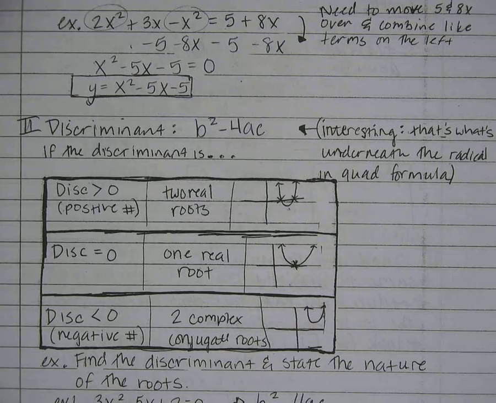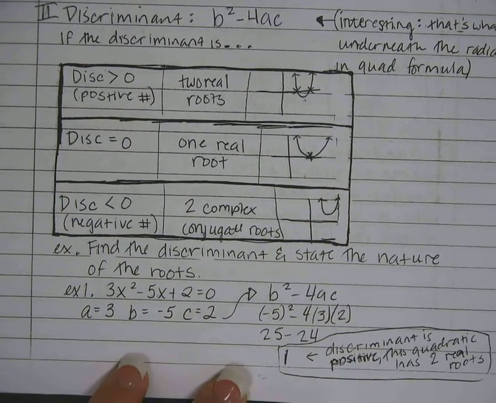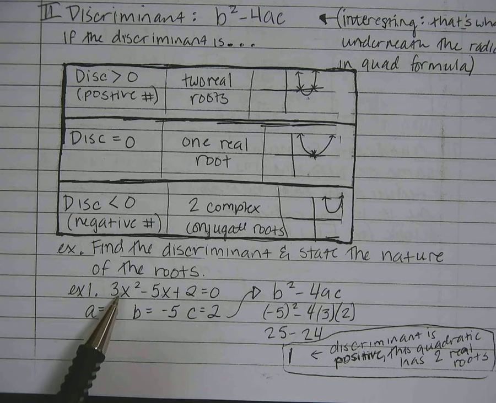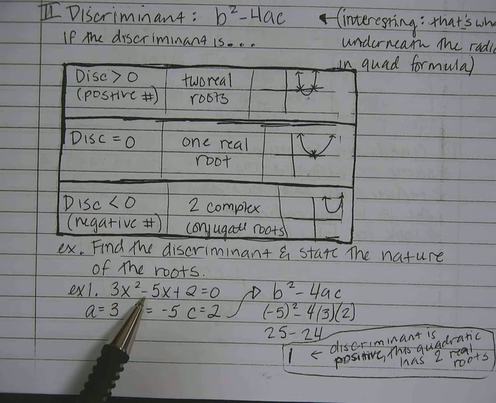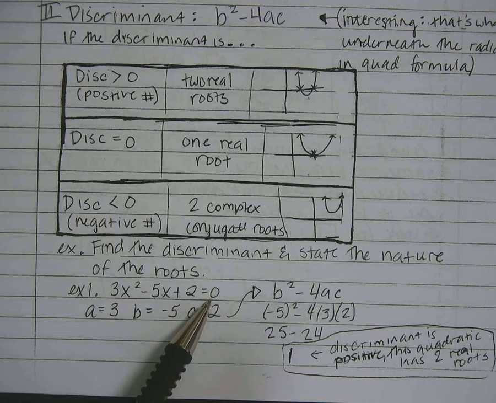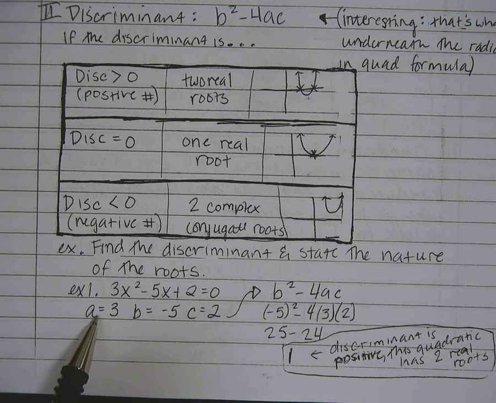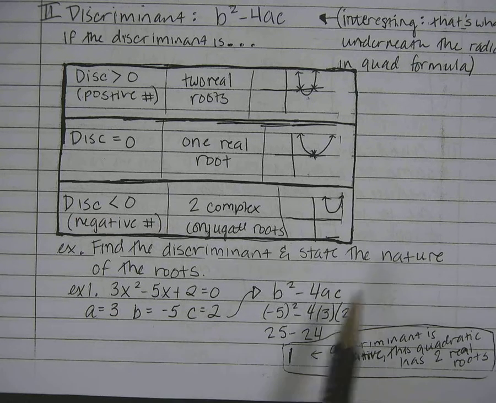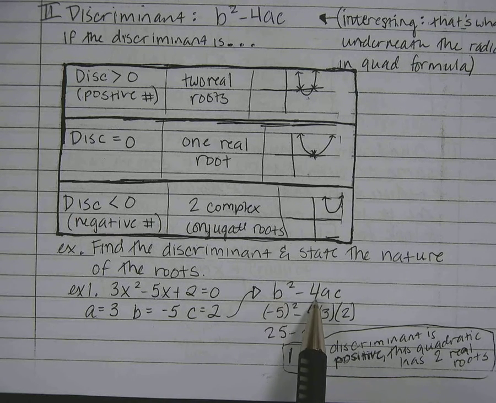So I've written one down for y'all just to take a look at. Here's the quadratic, 3x squared minus 5x plus 2 equals 0. First, you want to identify a, b, and c. So here, a is 3, b is negative 5, c is 2. Then write down your formula, b squared minus 4ac. Then plug in negative 5 for b, 3 for a, and 2 for c.